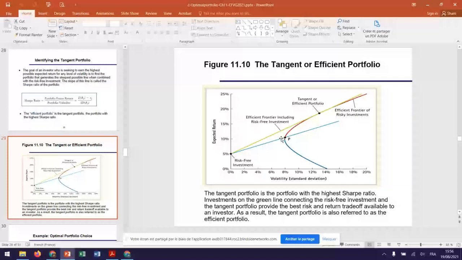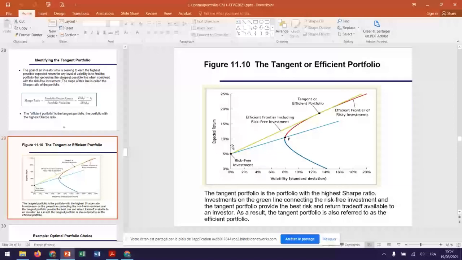Because at a given level of, let's take 12%, when I touch the green line the return is higher than when I touch the blue line. So the tangent or efficient portfolio should represent this green line. The green line, connecting the risk-free investment and the tangent portfolio, provides the best risk-return trade-off available to an investor. As a result, the tangent portfolio is also referred to as the efficient portfolio.